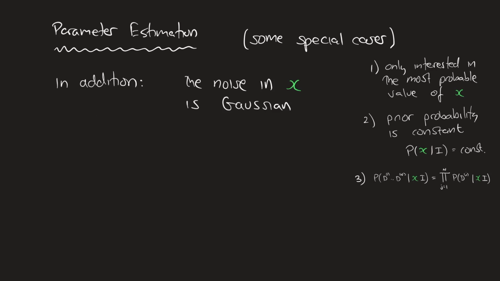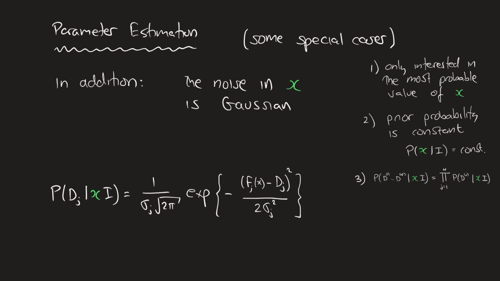Now in addition, let's assume that the noise in x is Gaussian. Let's say that if we didn't have any noise, then at the parameter value x, the jth data should yield the value f sub j of x. Then, since the noise is Gaussian, all deviations from this true value are given by a Gaussian distribution.